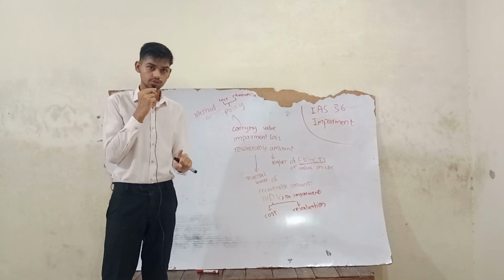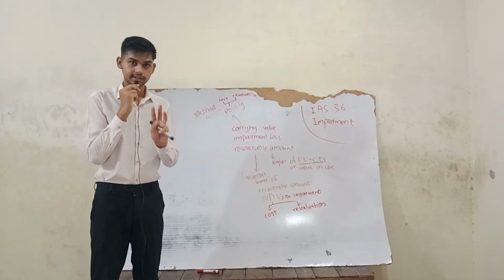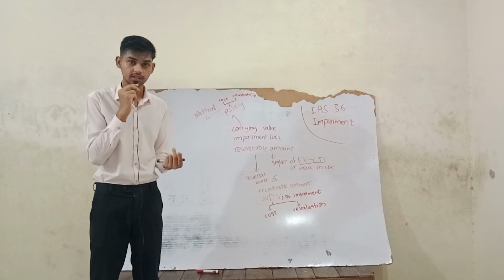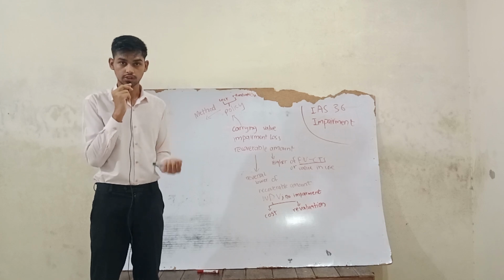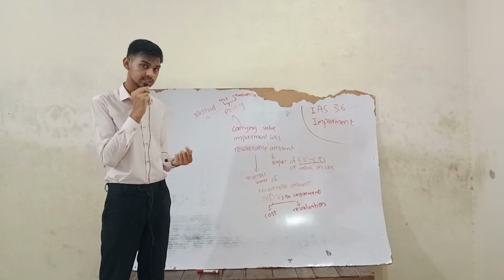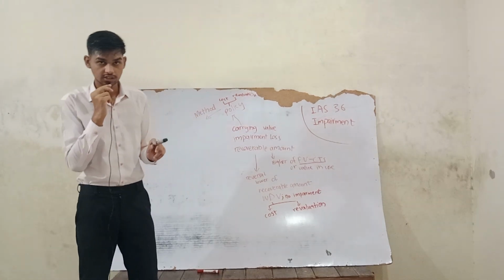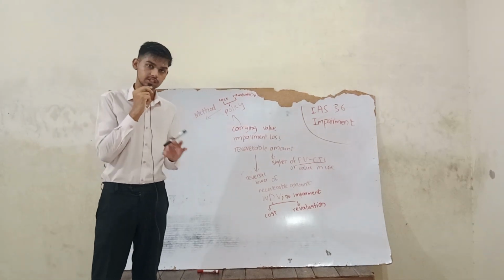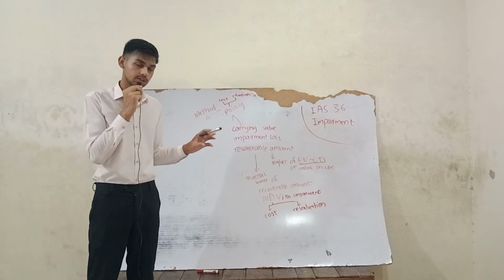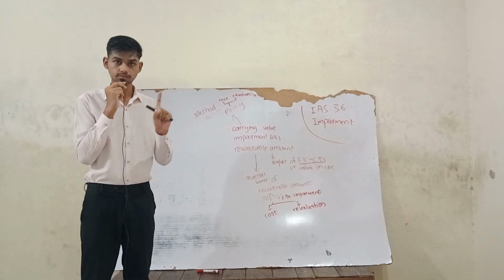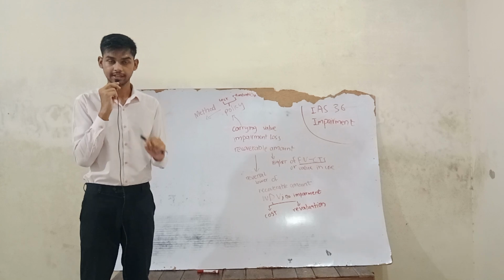If the company is using the cost model, then we will take care about which depreciation method is used by the company. It may be the straight line method or the reducing balance method. In the straight line method, we know that the depreciation is consistent. We charge equal depreciation, and then we deduct that depreciation from the cost, and then we get the carrying value.